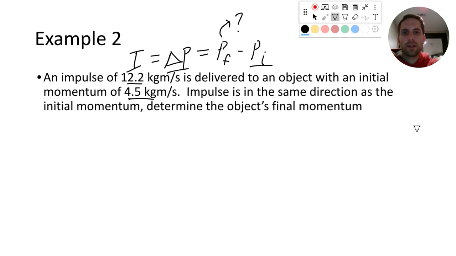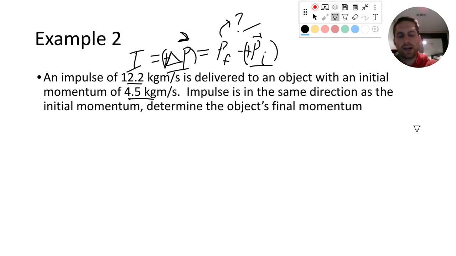But it says impulse is in the same direction as the initial momentum, so that means our vector is in the same direction. So we'll say they're both positive, for instance, because that makes it simple.